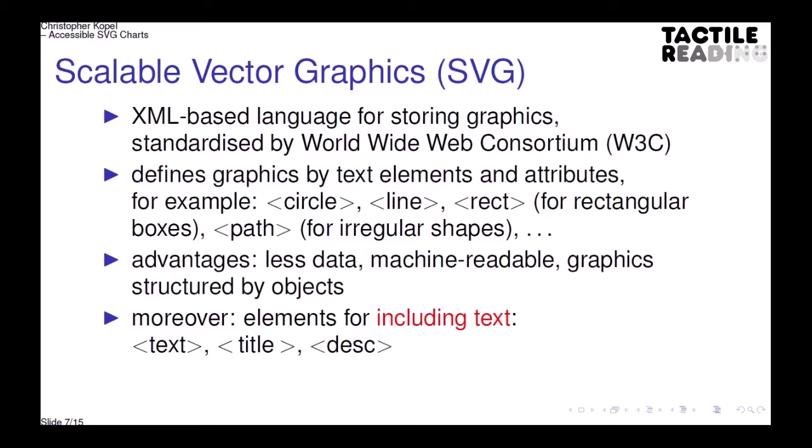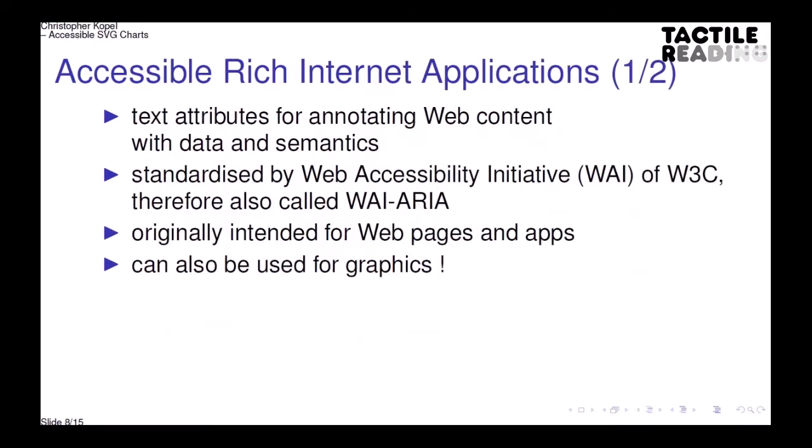And there are 2 other elements called title and desc, spelled DESC for description. These elements are meant to embed text for screen readers and other assistive technologies. So they are not automatically rendered on the screen, but they are meant for screen readers. Okay, so moving on to the next technology.